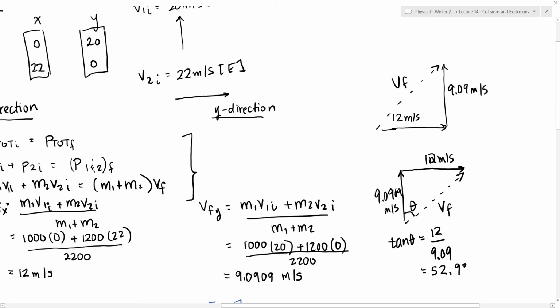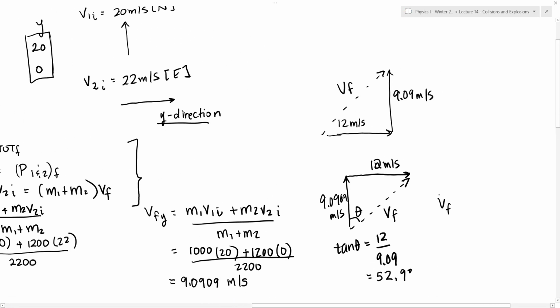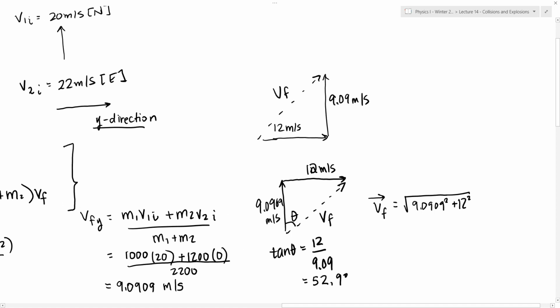So my final velocity then, I would say V final is equal to that hypotenuse, which I need to solve for. So the hypotenuse, which would be the square root of 9.0909 squared plus 12 squared. So I'm just going to plug that into my calculator.